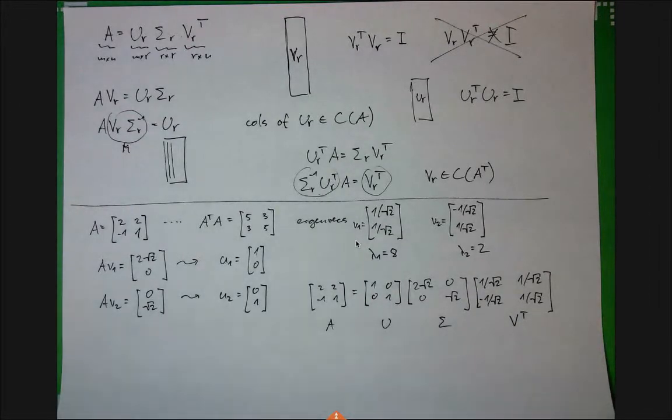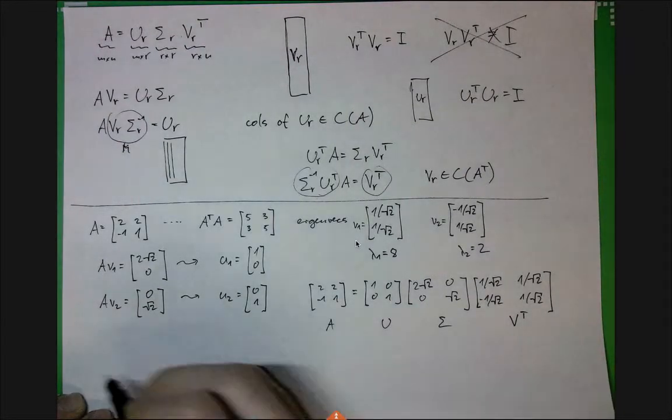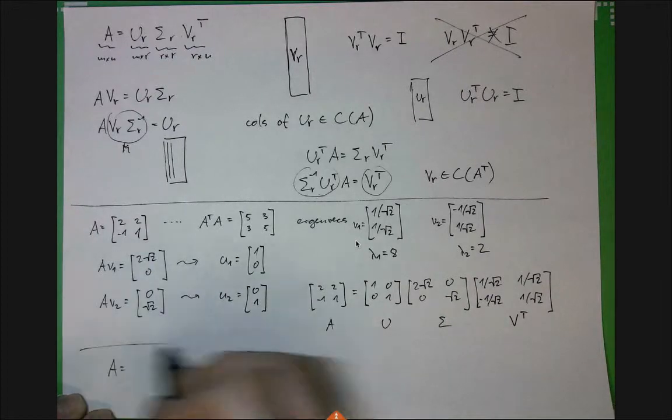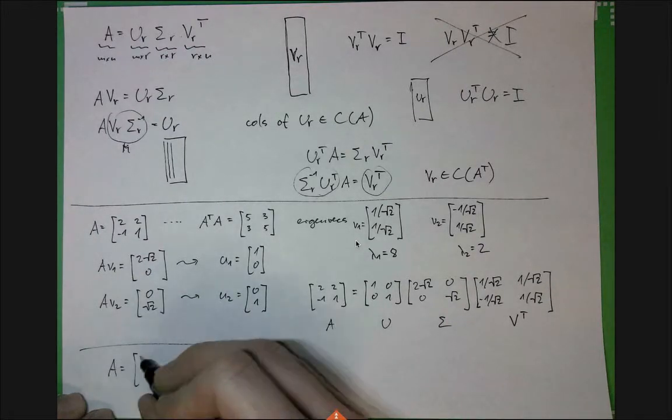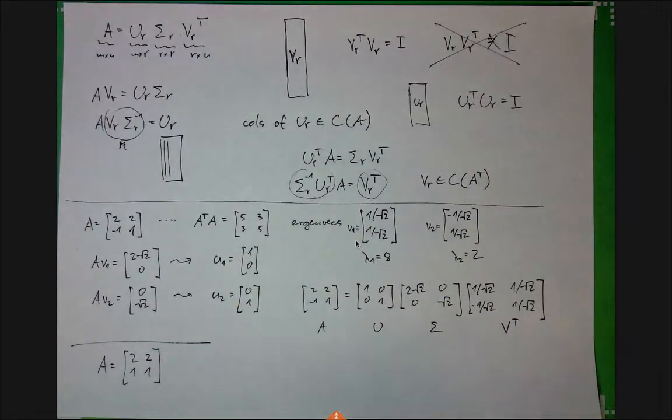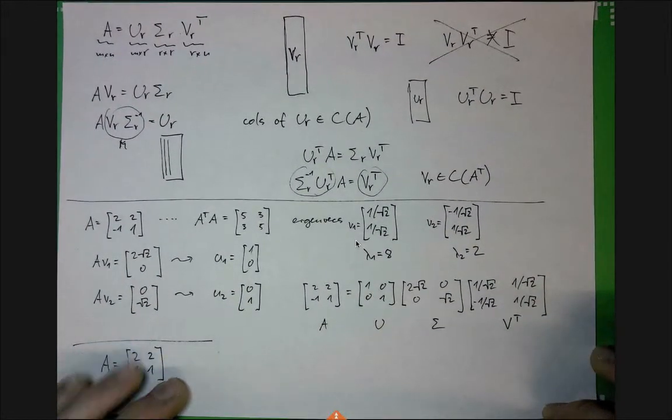You can also do an example where the matrix has non-trivial null spaces. Actually, you can do this for homework if you want. You can try it on a matrix like this, 2, 2, 1, 1. Or just plug it in MATLAB and you will get the answer immediately.